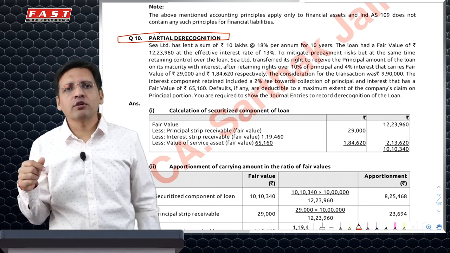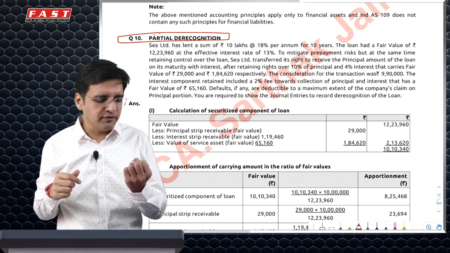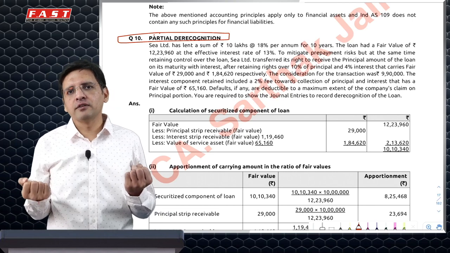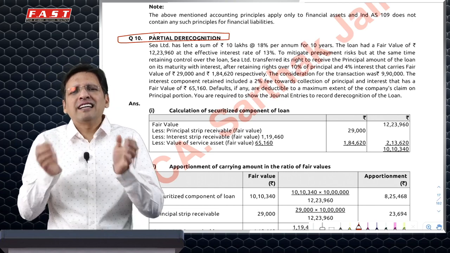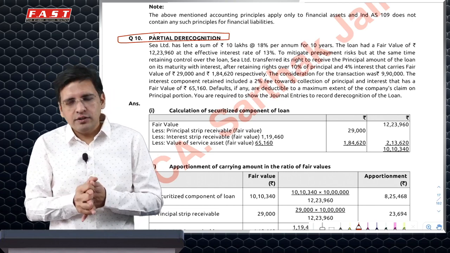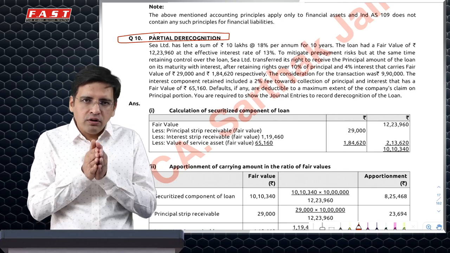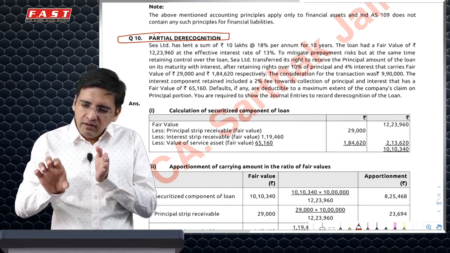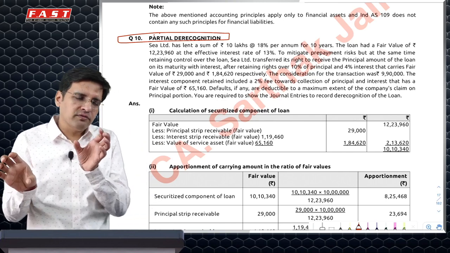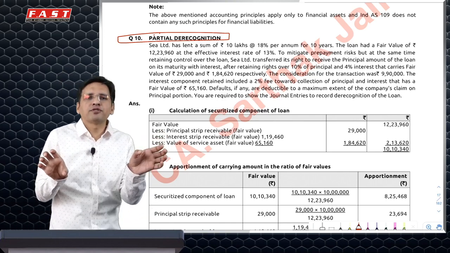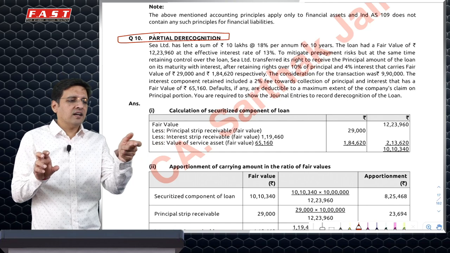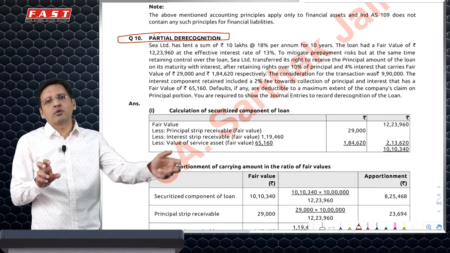The standard says you calculate the fair value of the amount which you've sold and the fair value of the portion which you have kept, and you split your carrying amount in that ratio. The carrying amount of the principal portion which you have retained will be continued in your books, and the carrying amount of the interest portion which you have sold will be derecognized, and the difference with what you have received will go to P&L.